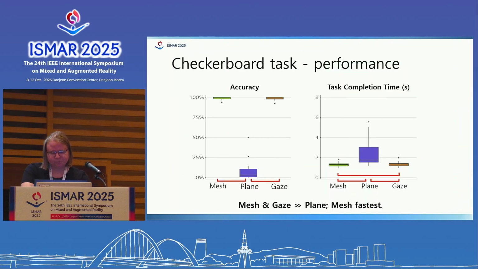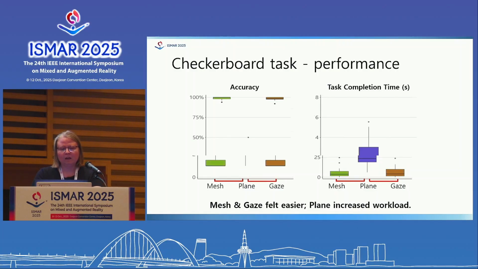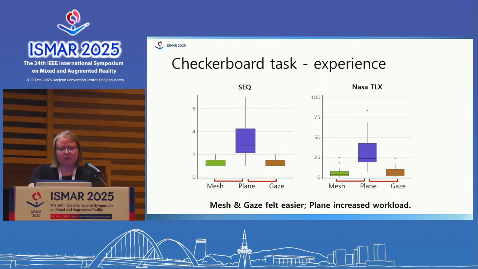Results. In terms of accuracy and task completion time, we find that the mesh proxy and the gaze proxy significantly outperform the plane proxy. The mesh proxy still outperforms the gaze proxy, also significantly. In terms of ease of use, users felt that mesh proxy and gaze proxy felt easier to use. In terms of workload, they felt that the plane proxy increased the perceived workload.